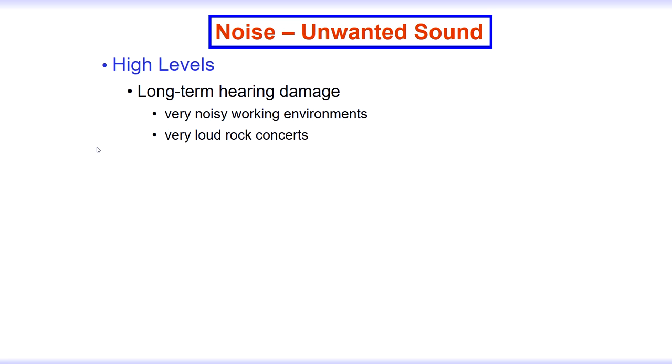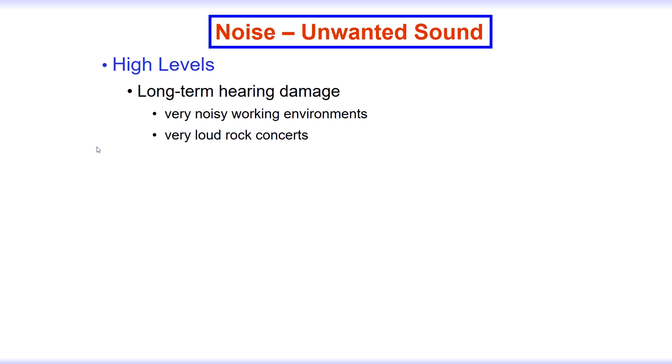As acoustical engineers, one of the things we have to consider is whether the noise exposure of workers could lead to long-term hearing damage. Another example of hearing damage is exposure to very loud music, say a rock concert. You've probably heard of musicians who have hearing damage due to exposure to high levels of noise over years.